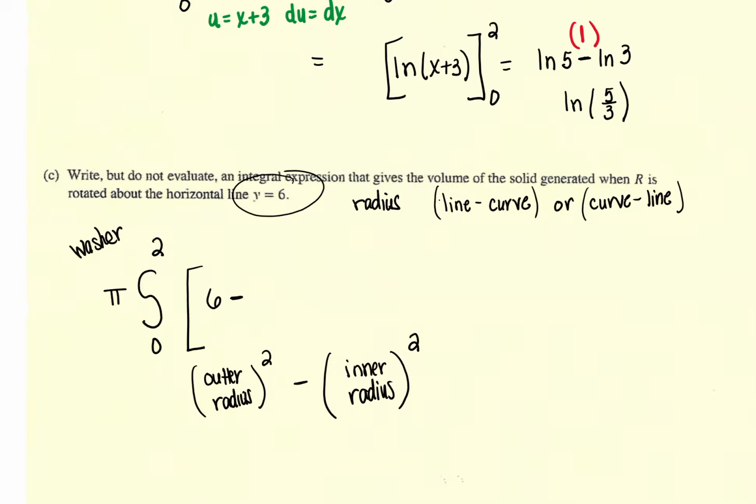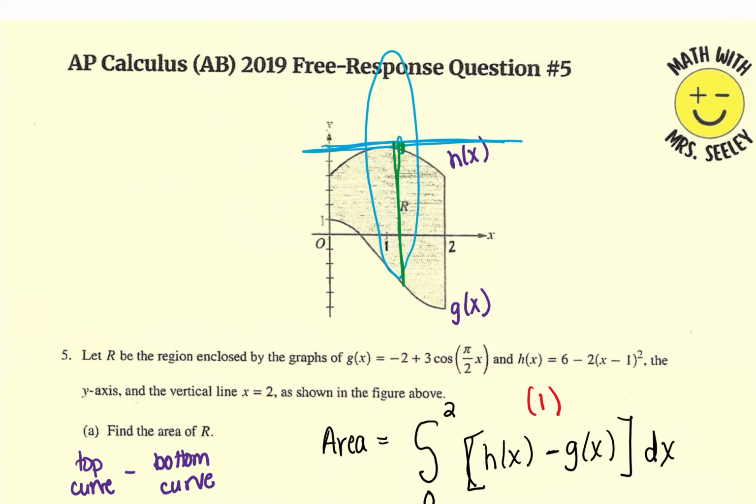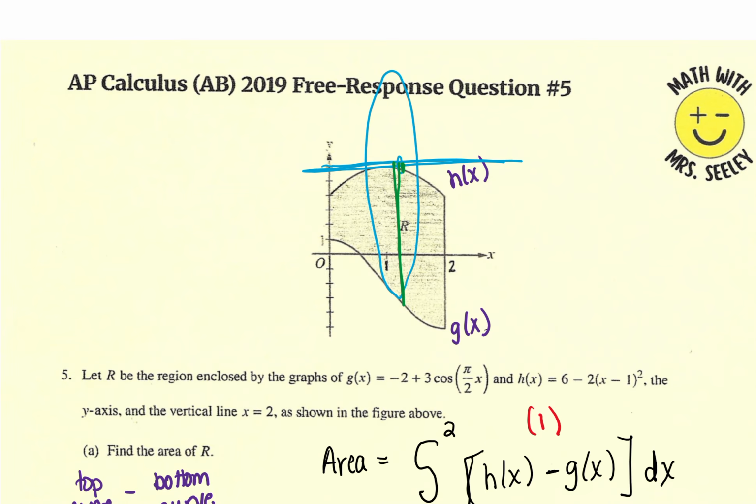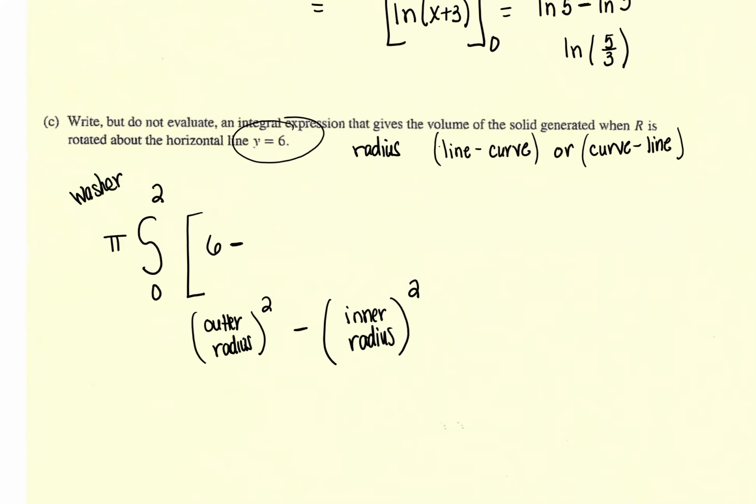All right, let's go back and think which one's on the outside. So let's come back up here and look. The outside is this g of x. He's the one that's the outer. So g of x. The inner one is right here, or h. So it's going to be line minus curve. So line minus the curve, which we just said the outer one is g of x.